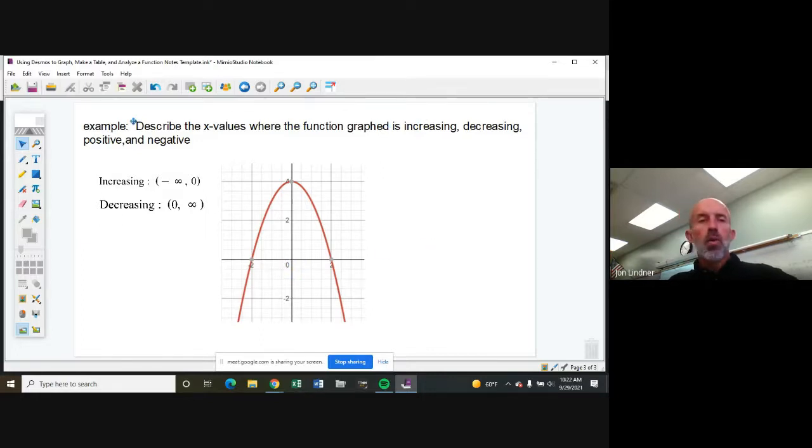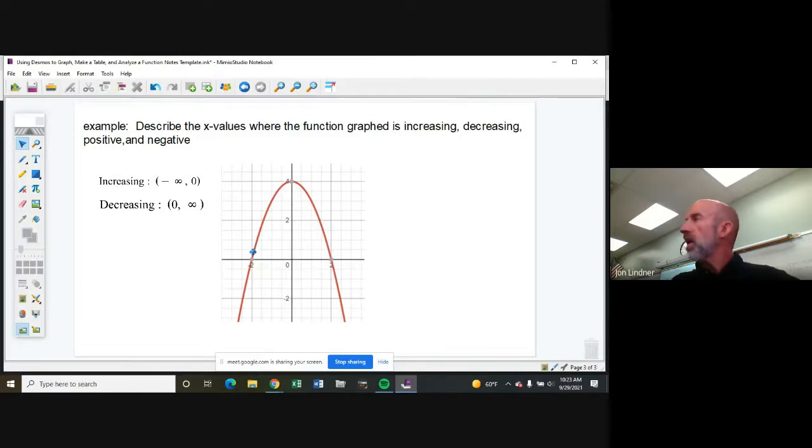But wait, we're also supposed to state where it's positive and negative. That's talking about what are the x values where the y values are positive. So look at this graph right here. Do you see that my cursor is following all the places where the y values are positive? You see this? All along that part of the curve, the y values are positive.